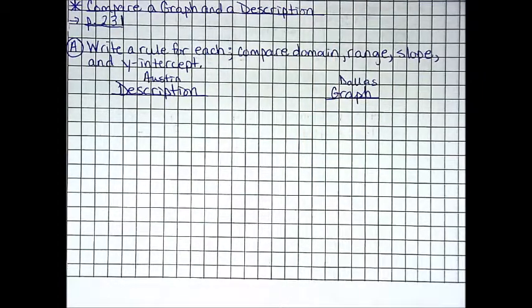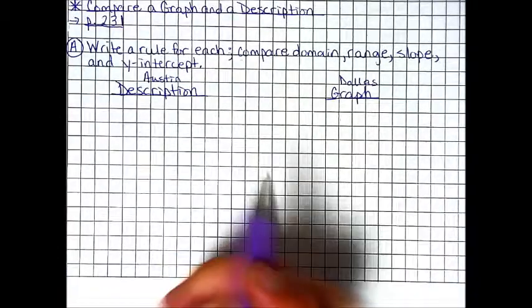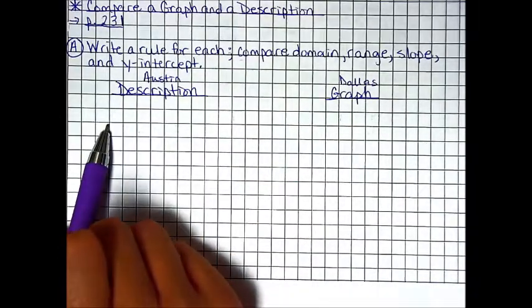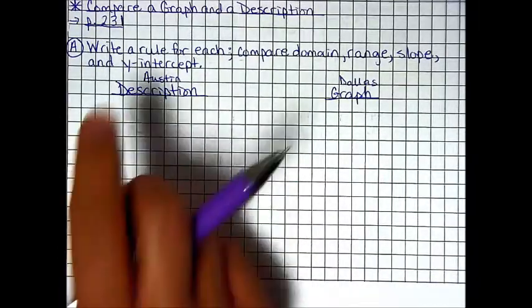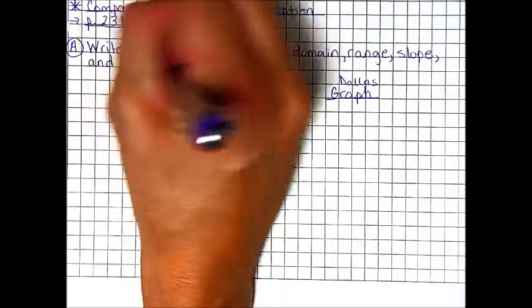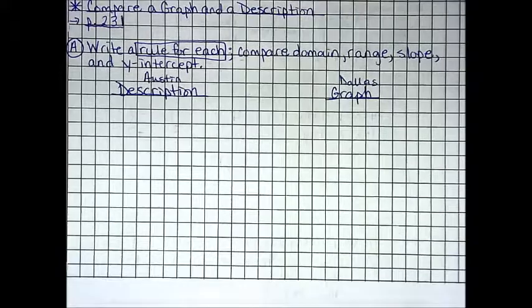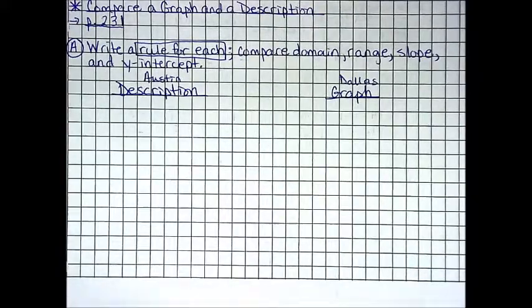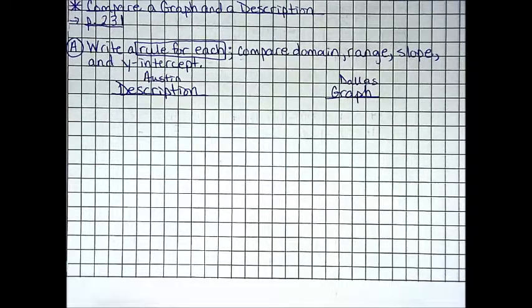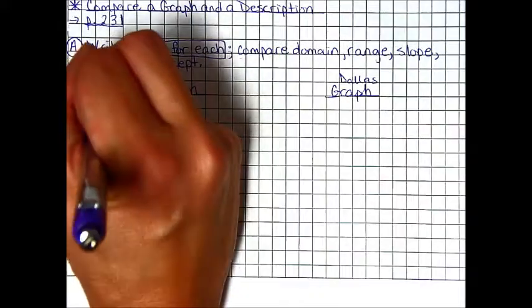All right. So, when you think about what was happening in Austin, we first need you to write a rule for each, which means basically, guys, they want an equation. If you think about Austin, they say the rainstorm lasted 3.5 hours. It rained at a steady rate of 4.5 millimeters per hour. I hope that a rate of 4.5 millimeters per hour sounds to you like a slope, because it is.